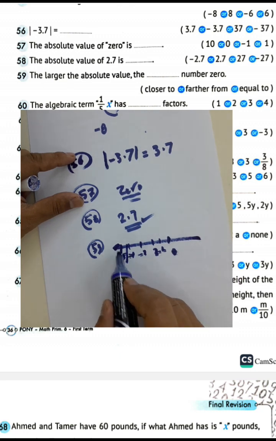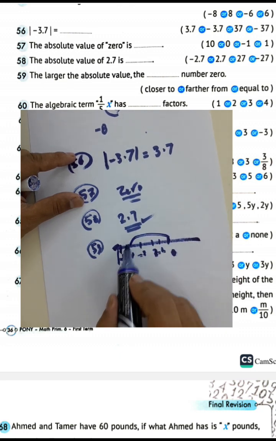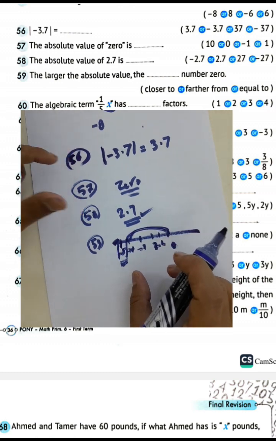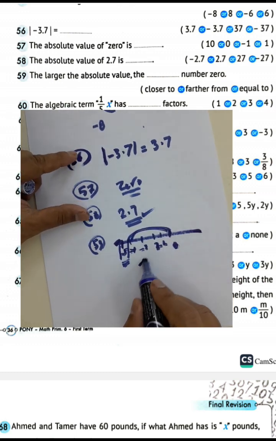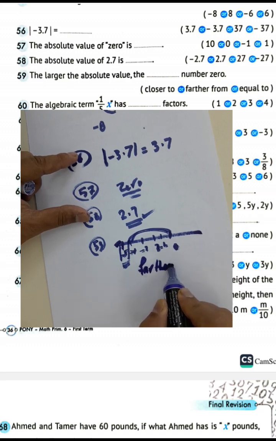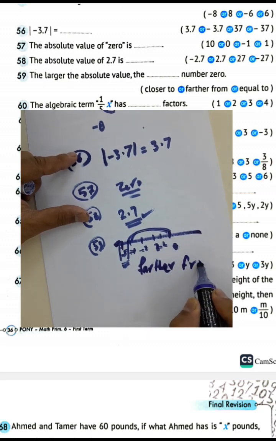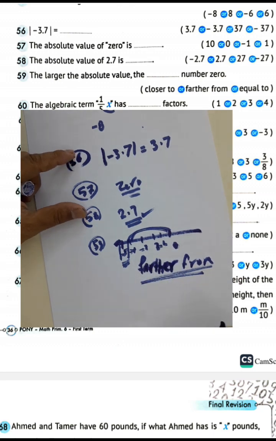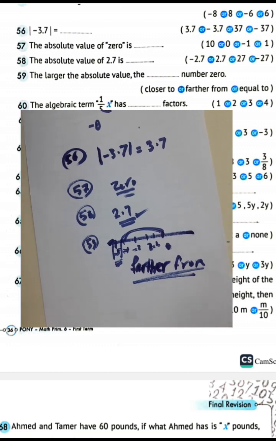The absolute value of negative 5 will be 5. So the larger absolute value has the greater distance, farther from 0.